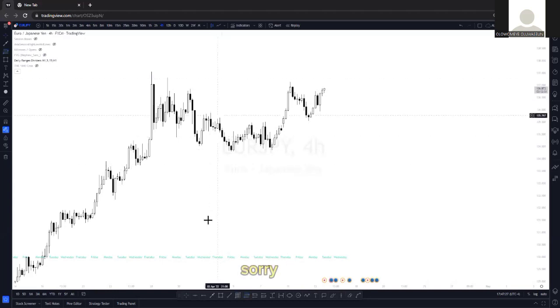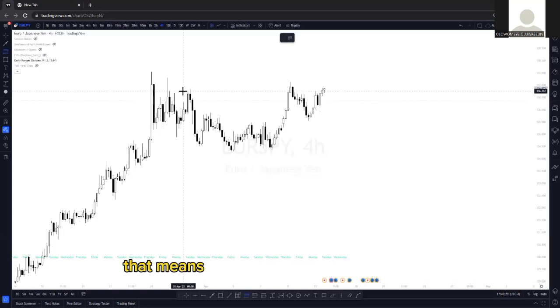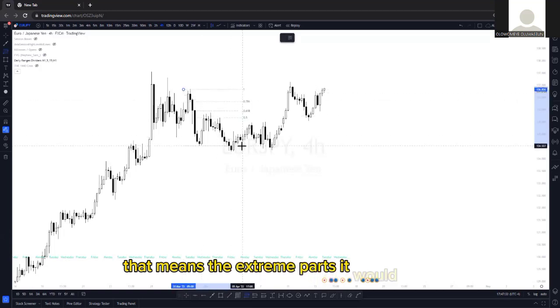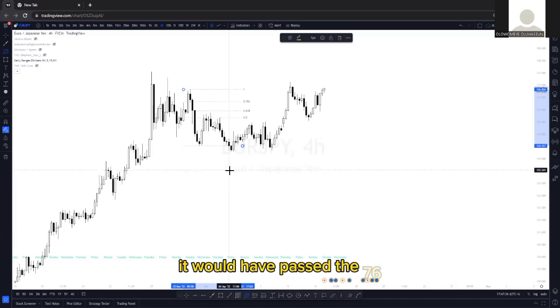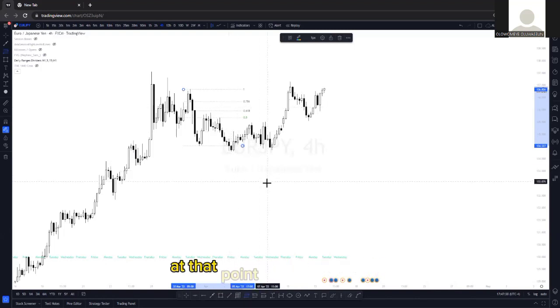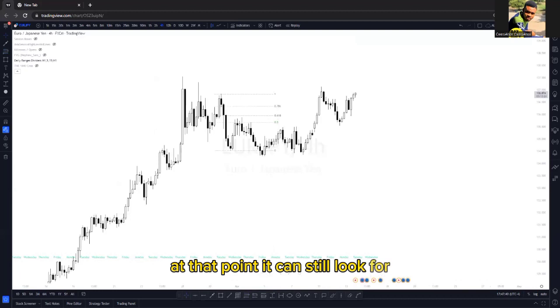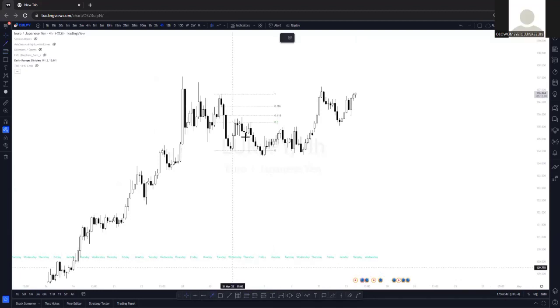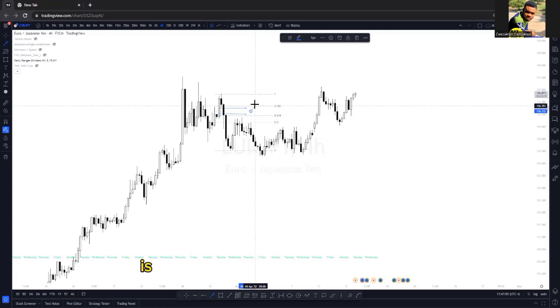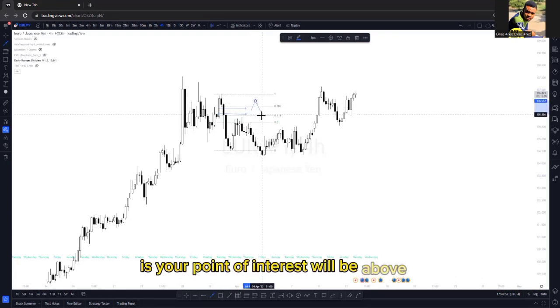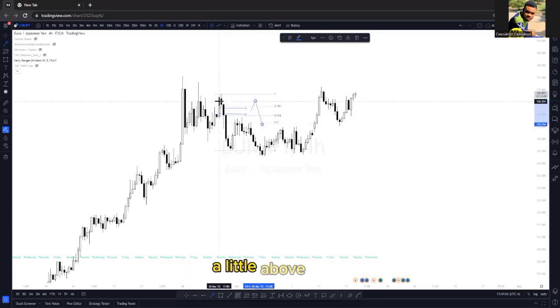So lastly, that means the extreme part, that's for the premium, it would have passed the 78.6. Exactly. So at that point, we can still look for entry. Exactly. If there is no point of interest within the 78 and the 61, sometimes what happens is your point of interest will be a little above it.